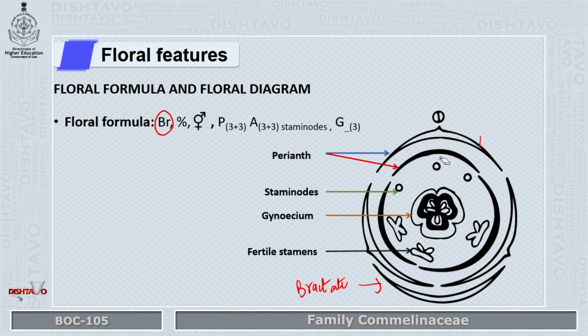Androecium is 3 plus 3. That means 3 are the fertile stamens and 3 are the staminodes. Gynoecium is superior and it is tricarpellary. This gynoecium is fused.